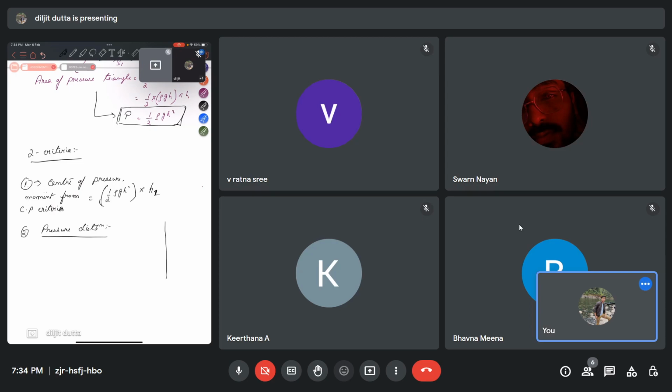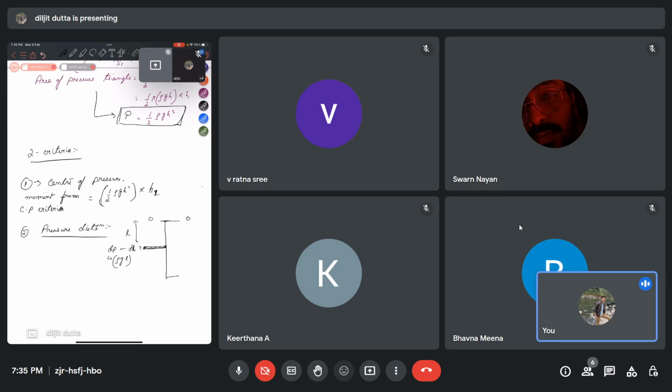In that case we have taken, as you have seen, this vertical bar. We have taken an element dl, at length L. So this small element will be exerting some pressure dp at this surface. So the dp will be rho g L. What will be the moment about this plane O?